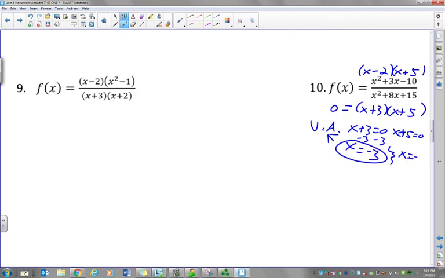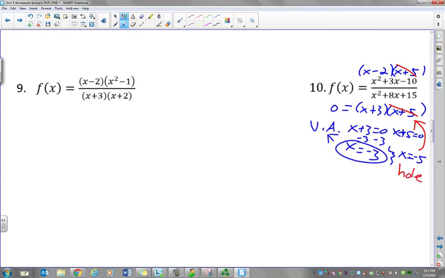However, it turns out it's not quite a vertical asymptote there. The reason why: -3 is, but at -5, if we go up here and look at where that -5 came from, this factoring right there, because it's in the bottom and the top, it's not a vertical asymptote, it's actually a hole.